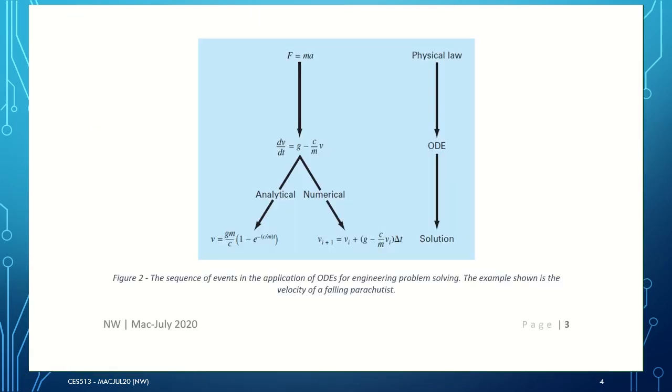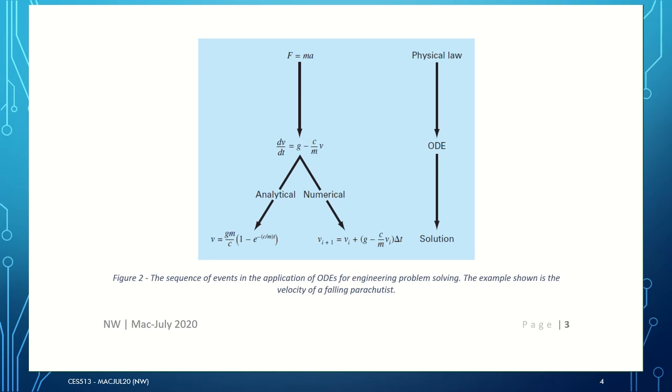Figure 2 here shows the sequence of events in the application of ordinary differential equations for engineering problem solving. In this case, a parachutist problem is derived from a physical law, which is Newton's second law.